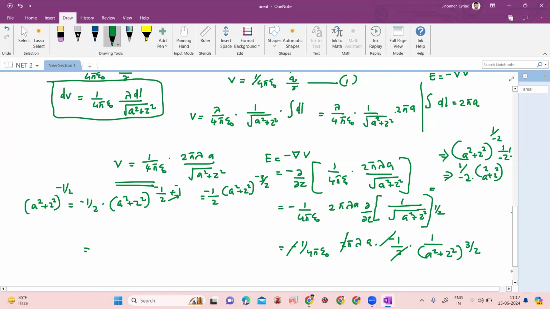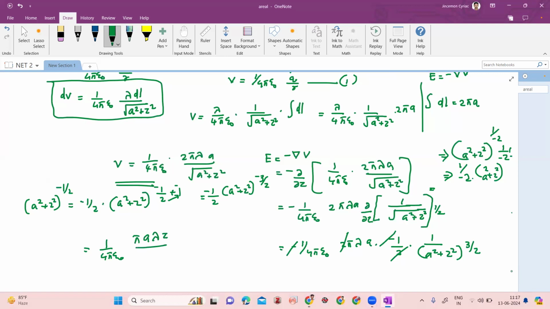So the final answer becomes 1 by 4 pi epsilon 0, 2 pi lambda a, denominator 1 pi into a into lambda z.